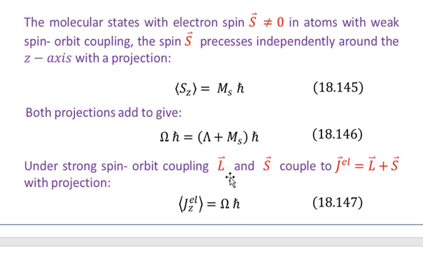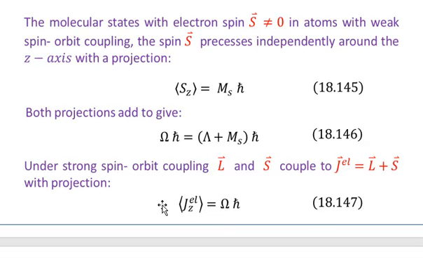Under strong spin-orbit coupling, L and S couple to form capital J, and capital J will be equal to capital L plus capital S. If L and S couple together to form a total J of the molecular system, then this capital J will precess about the z-axis, and the projection of that on the z-axis, represented by the average value of JZ to the power EL, will be equal to omega times h bar, where EL corresponds to the electronic system, or the electrons that we have considered in a molecule.